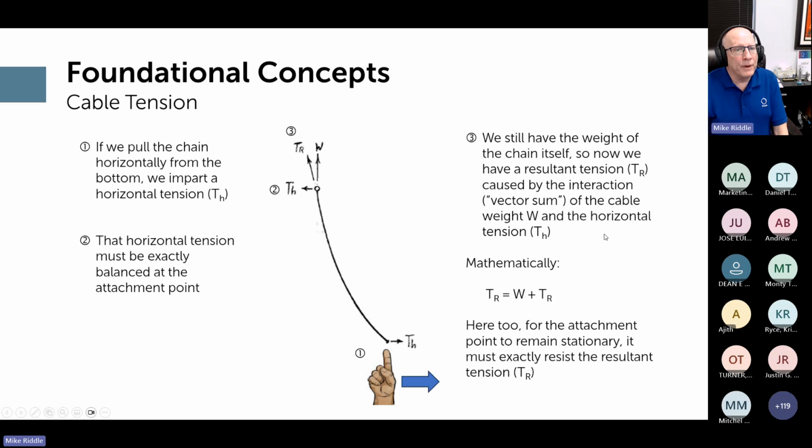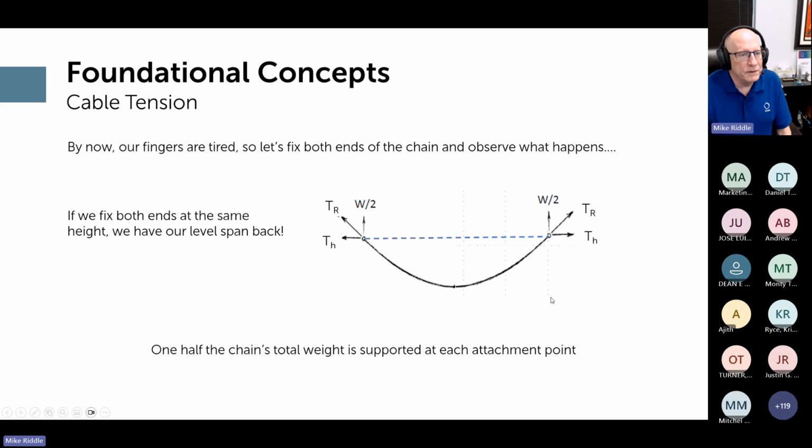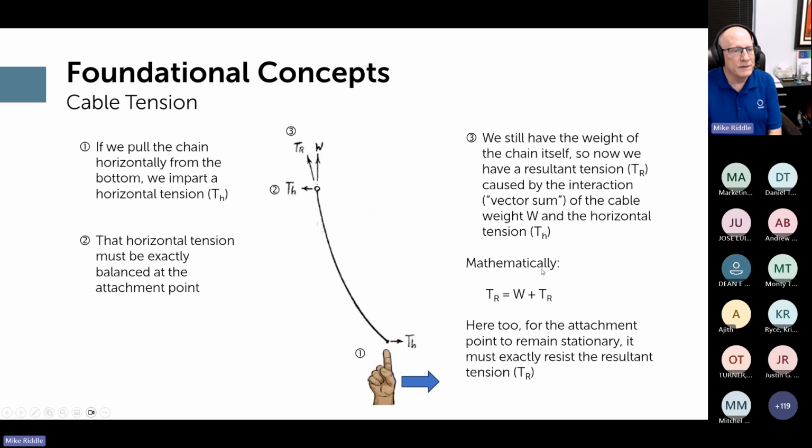So effectively, we end up with a resultant tension. It's the interaction of the force from the weight plus the horizontal tension. Mathematically, that's the resultant tension is the weight plus, oops, this is a mistake. This is supposed to be the horizontal tension. Can't fix that right now. But anyway, sorry, didn't notice that before.